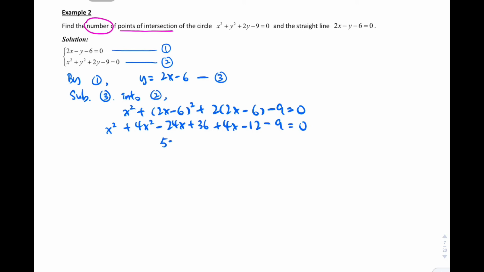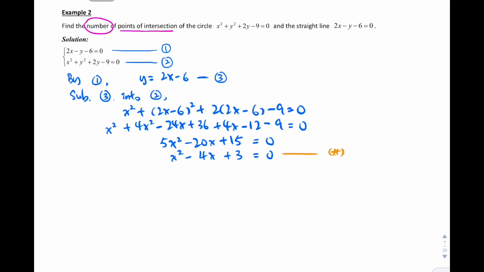And you will get 5x squared minus 20x plus 15 equals 0. And you can further simplify this. And this is the quadratic equation that is used to find the x coordinates of the points of intersection of the circle and the straight line.